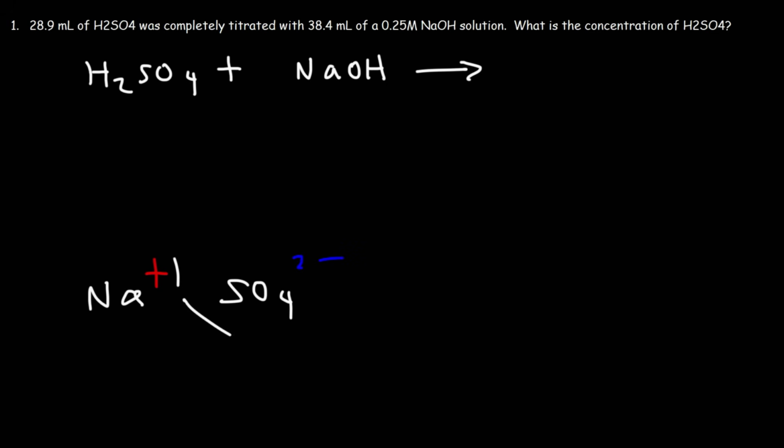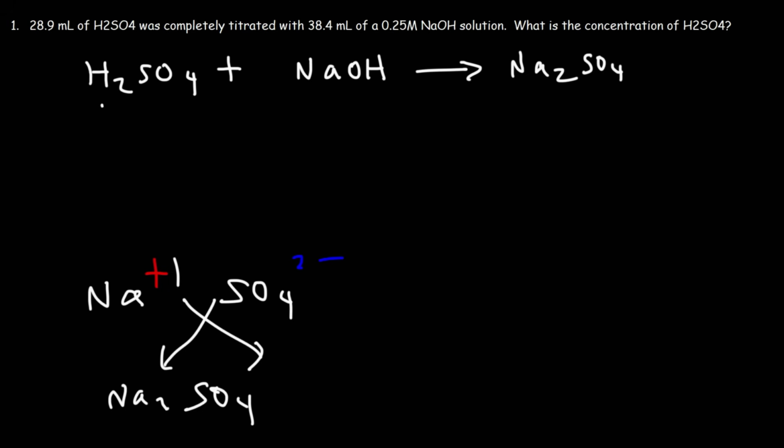So when you pair these two together, the formula is going to be Na2SO4. The hydrogen ions will react with the hydroxide ions to create H2O. So whenever you add a strong acid with a strong base, they will completely neutralize each other, creating salt and water.